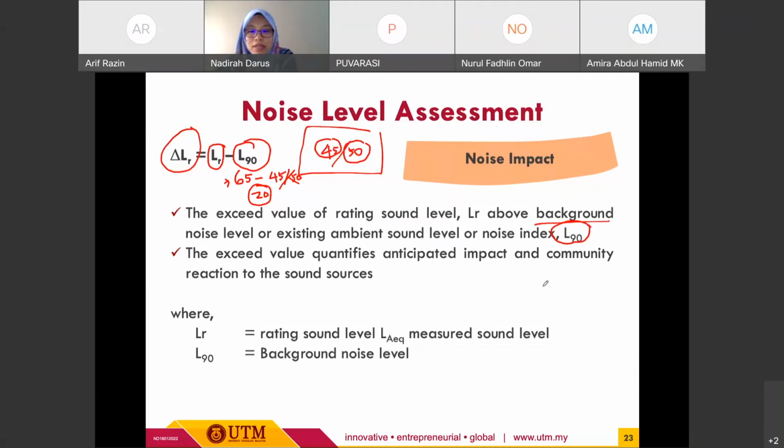So memang BS 5228 tu main punya reference untuk DOE juga. Tapi sebab dekat BS dia very comprehensive. Dia ada part of the standard berkait dengan environmental noise, and dia ada part dia dah list dia punya database untuk individual machinery. Okay. Tapi calculation ni sama macam doktor bagi ni lah. Macam mana equation? Dia punya calculation tu and noise semua tu. Kalau yang ni memang fokus untuk environmental noise sahaja lah.